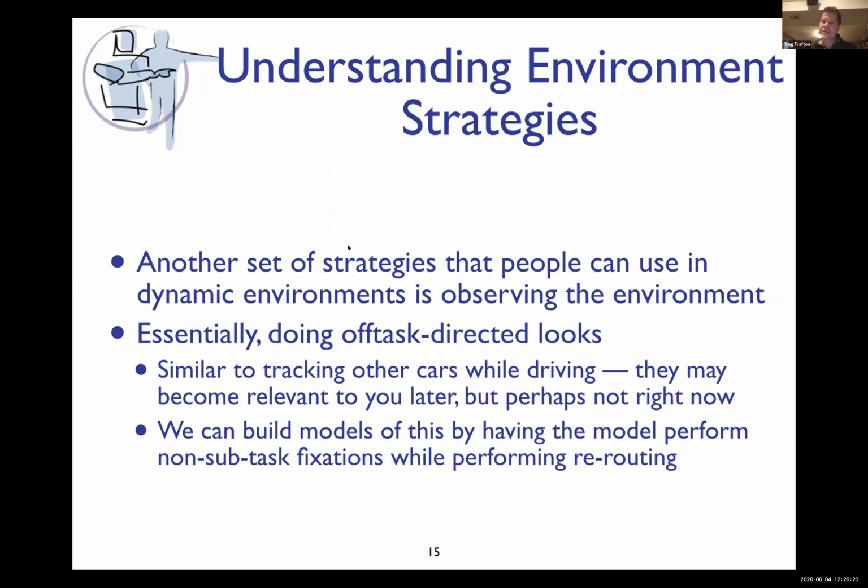You can also imagine, crossed with that, another set of strategies that people use in dynamic environments, where they essentially observe the environment. They're not looking for something that's exactly task relevant. They're just trying to make sure that they understand the environment. This happens all the time when you are driving, for example, and you're tracking other cars.